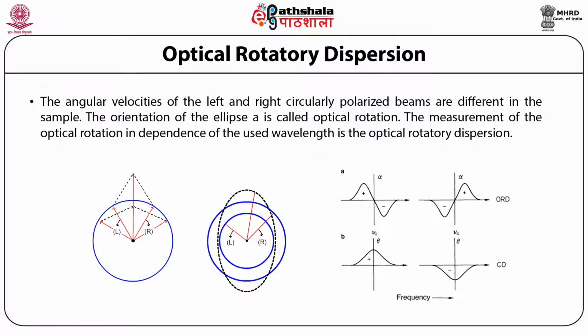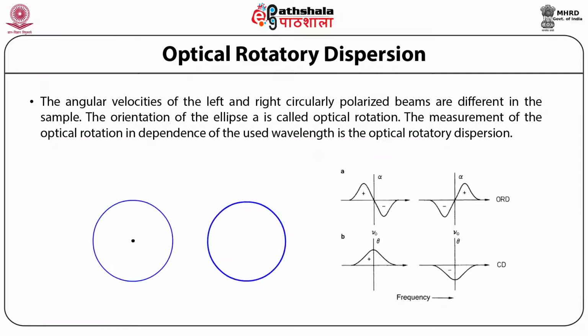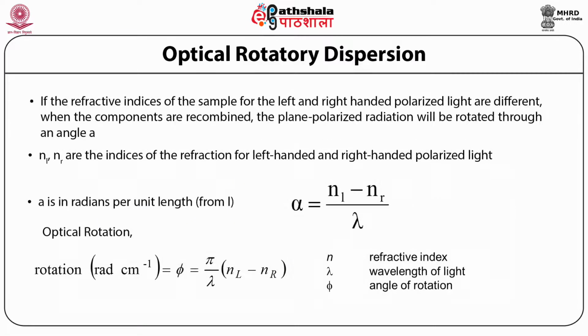You can see here it has both positive and negative signs, while CD has either a positive or a negative signature. We further explain optical rotatory dispersion: if the refractive indices of the sample for left and right-handed polarized light are different, then when the components are recombined, the plane polarized radiation will be rotated through an angle alpha.